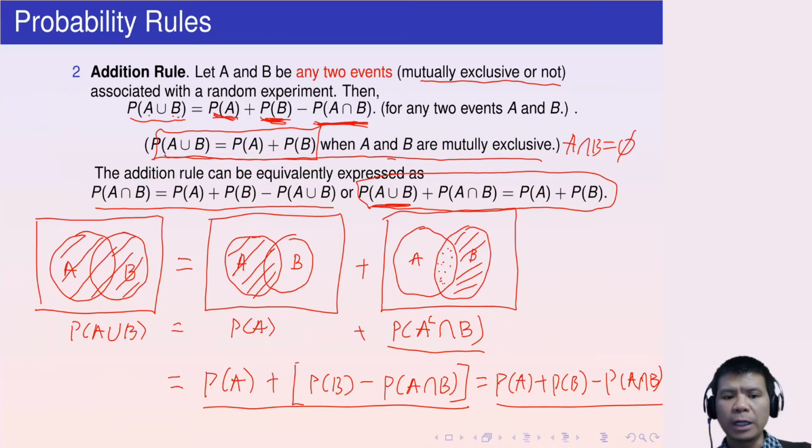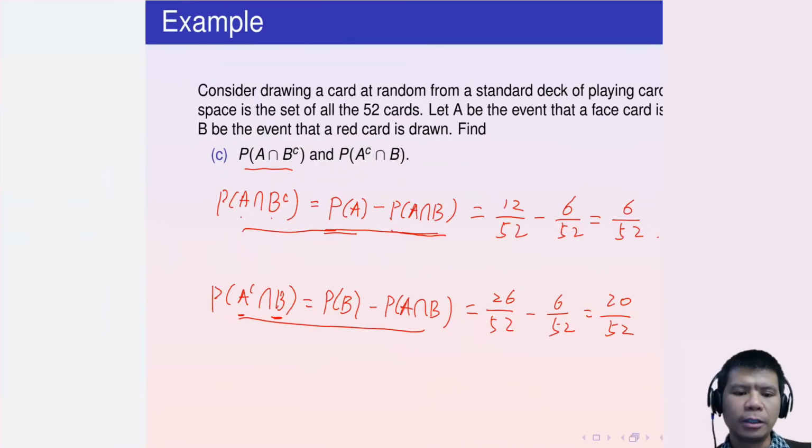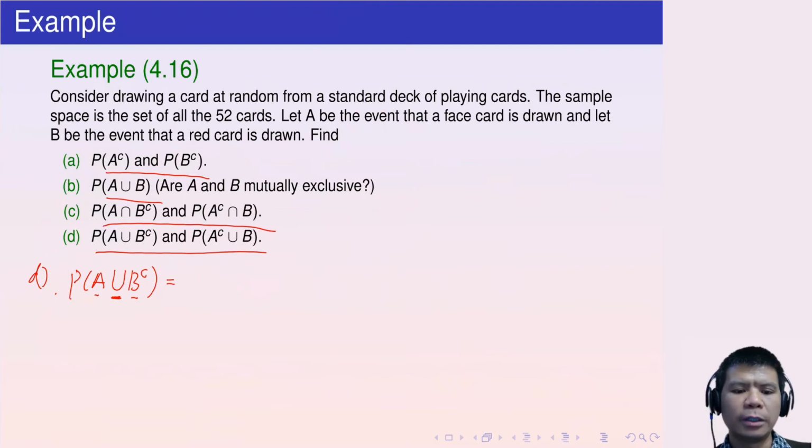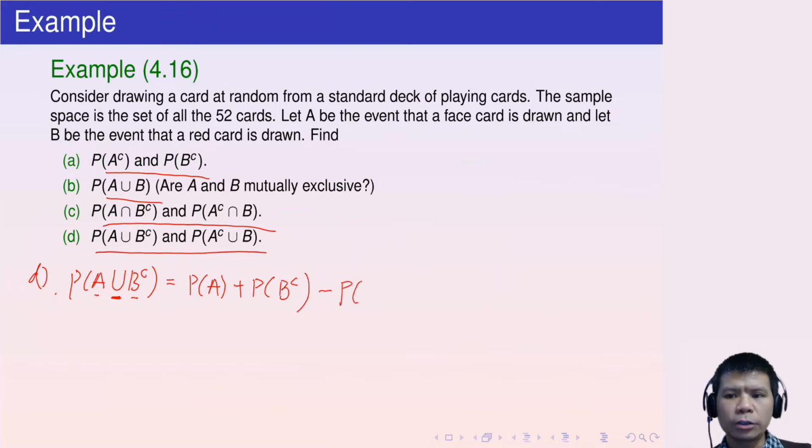Okay, so if we replace B by B complement, we are going to get the probability of this union. It's going to be the probability of the first event, probability of A, plus the probability of the second event, that's B complement, and minus the probability of the intersection of these two events. The first event is A, the second event is B complement.